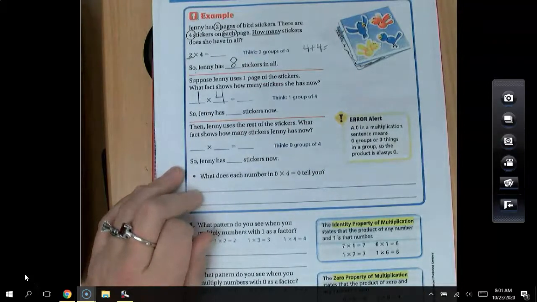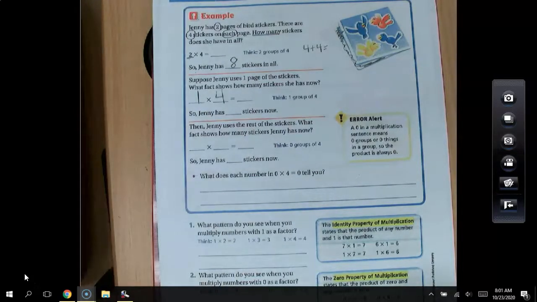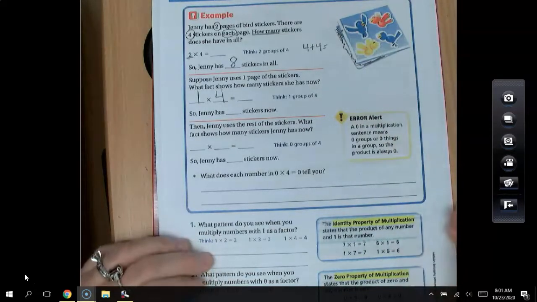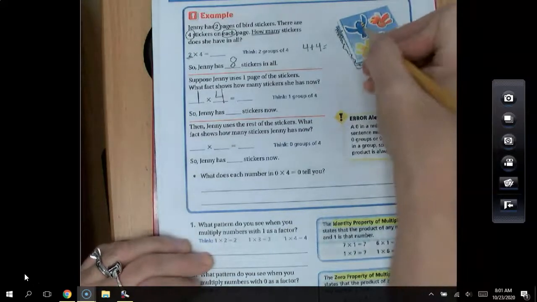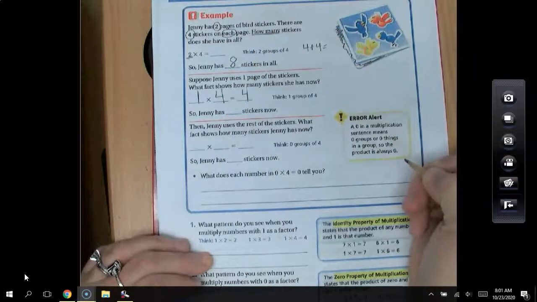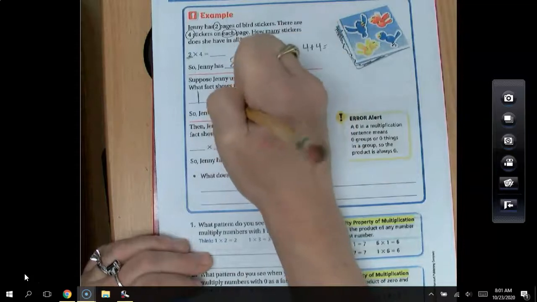So I have 1 group of 4. How many stickers does she have? 1 group, so 1 page, and 4 stickers on that page. Well, 1, 2, 3, 4. Yeah, 4. So Jenny has 4 stickers.